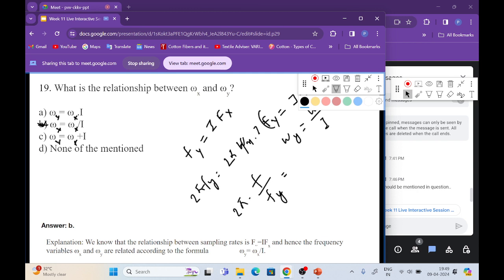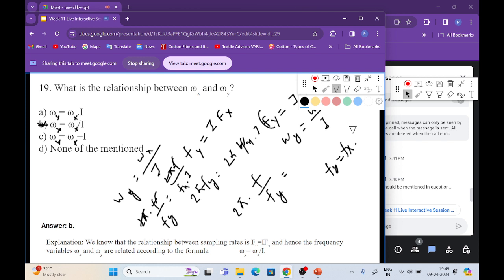So in order to find that in terms of omega y is equal to omega x divided by I, it is given in normalized form 2 pi into f divided by fy, and here also 2 pi f divided by fx into I. Now these terms, if they cancel out, then fy is equal to fx into I.